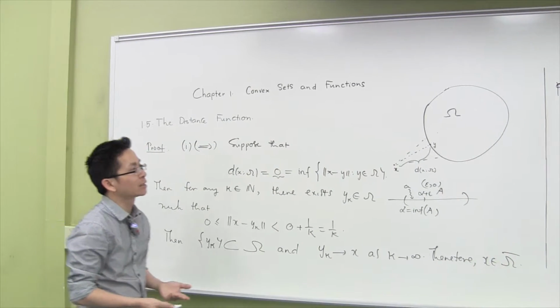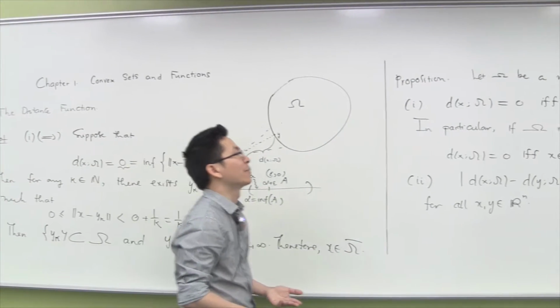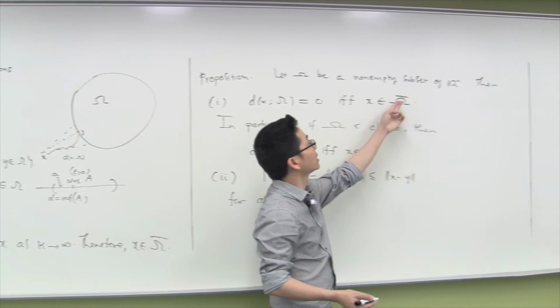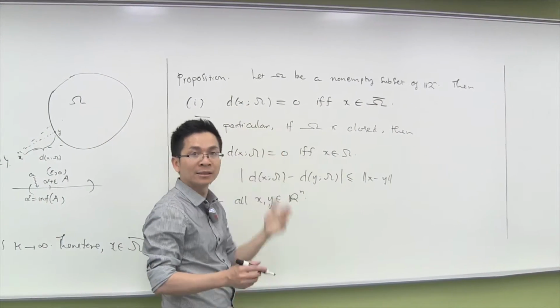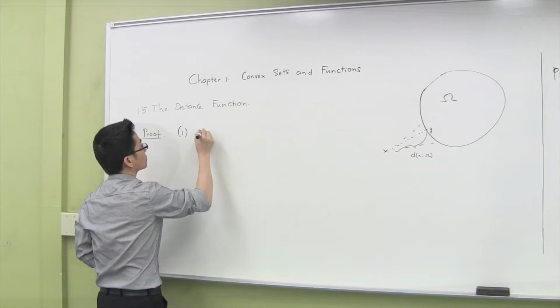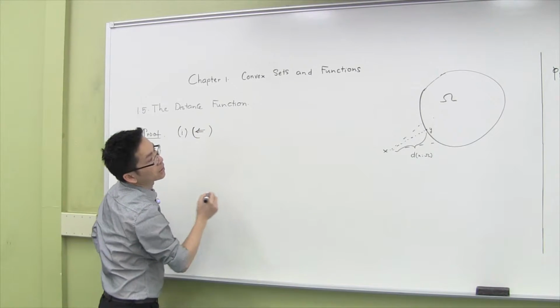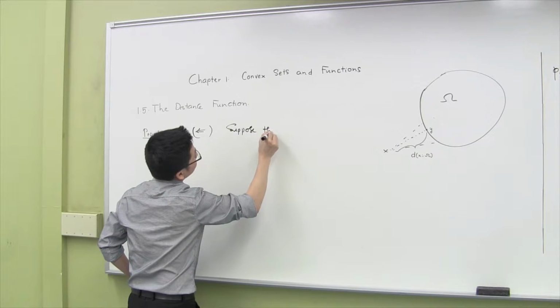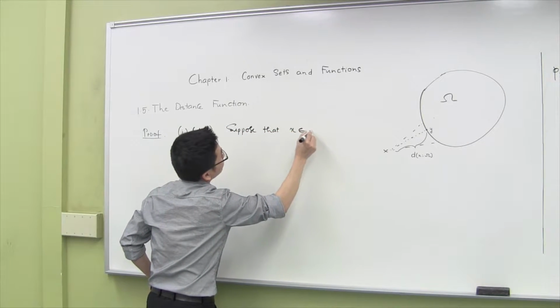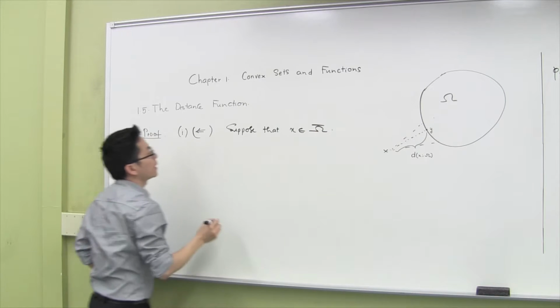Now I'm going to show that the converse is also true. That means if x is in the closure of omega, then the distance from x to omega is equal to 0. So now suppose that x belongs to the closure of omega.